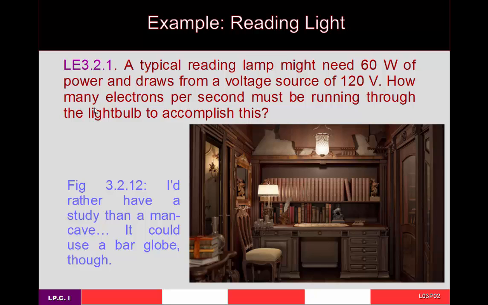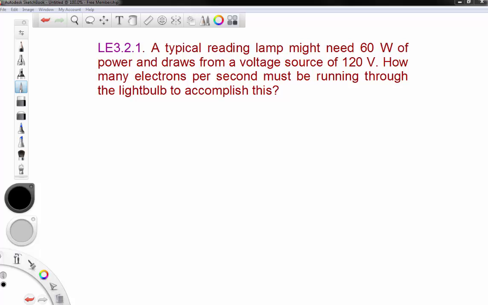And our question is, how many electrons per second does this need to be in order to accomplish 60 watts at 120 volts? Recall that the charge on an electron is approximately Q electron = 1.60 times 10 to the minus 19 coulombs. Recall further that power is work done per unit time.